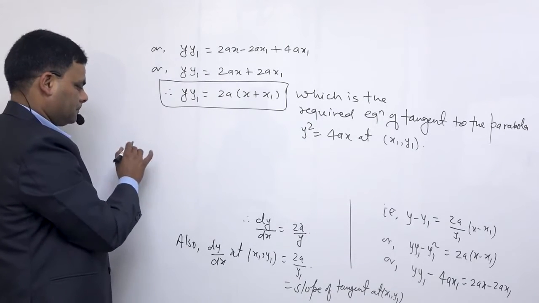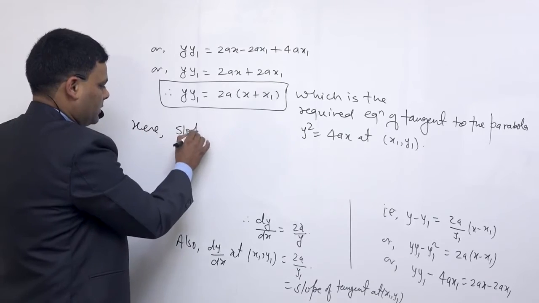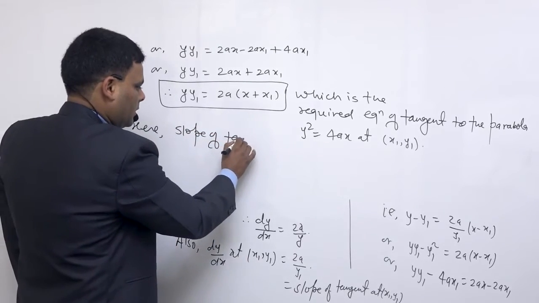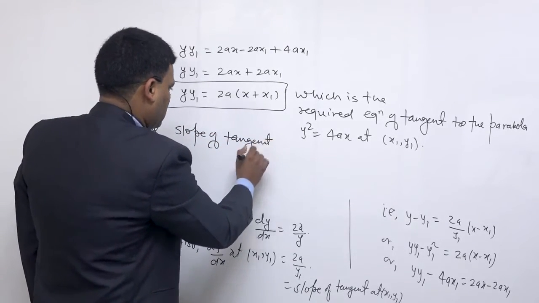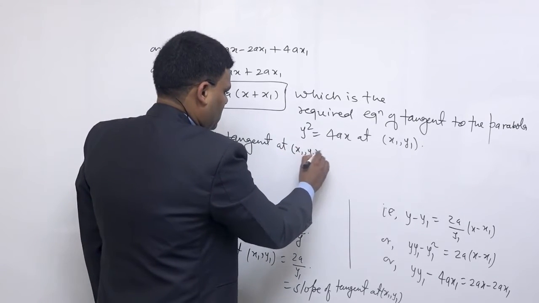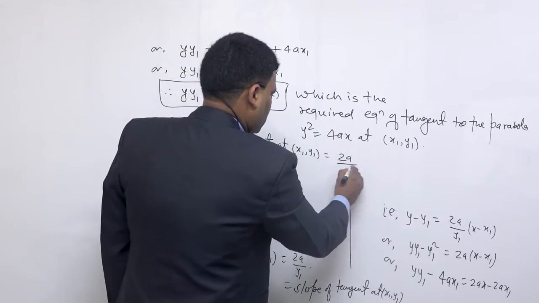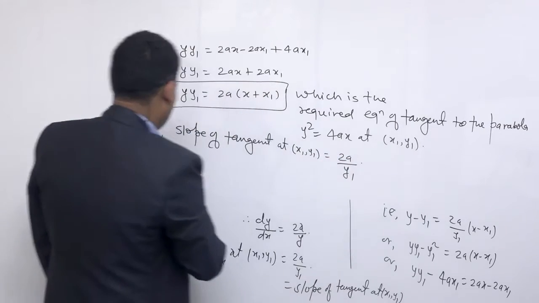Here slope of tangent at x1 y1 equals to 2a by y1.